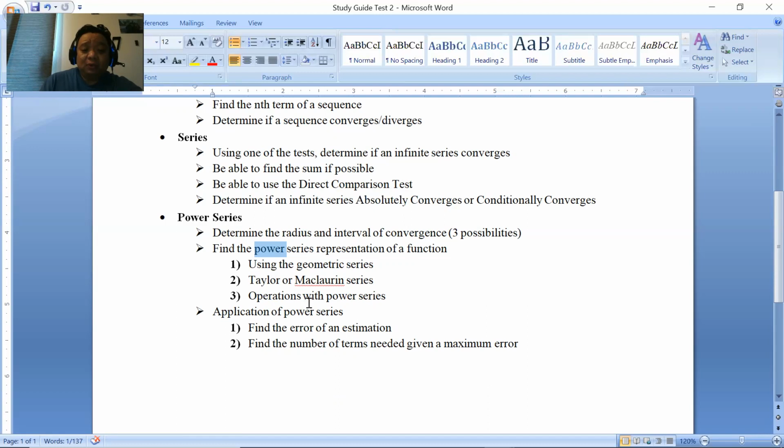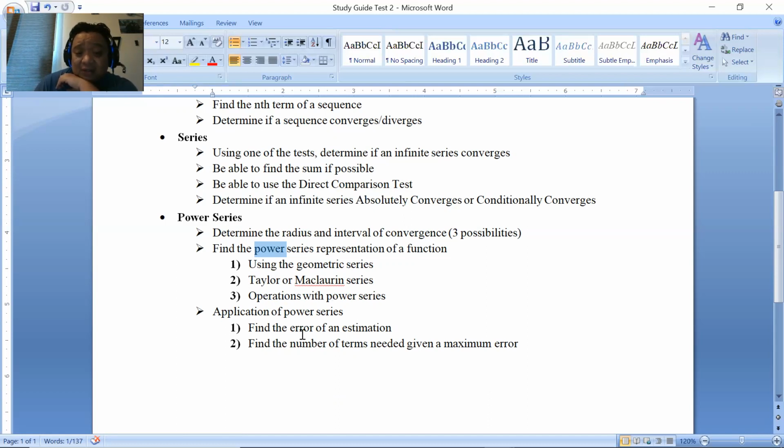And then the operations with power series. So for the operations of power series, you're using the list that we derived for your Maclaurin, and then you use that to either add, subtract, or multiply polynomials from there to find the power series representation. And then last is what we did today, right?